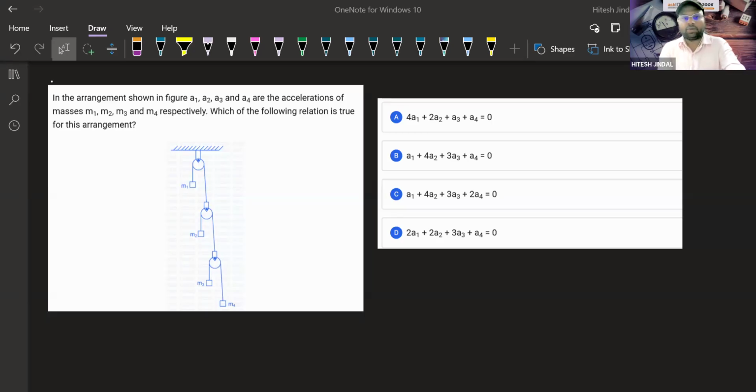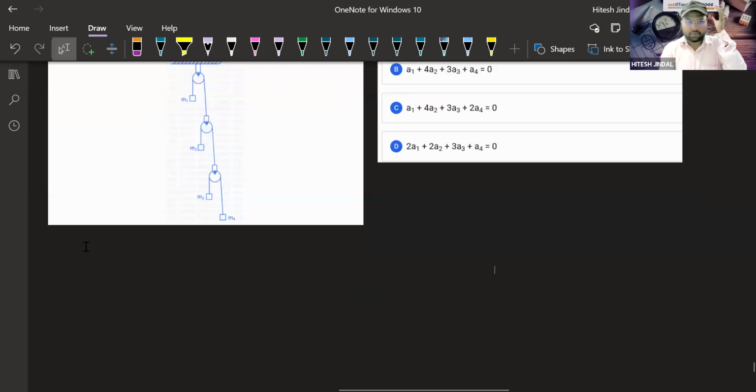And also you see connected to this. See, you have to solve these questions, right?